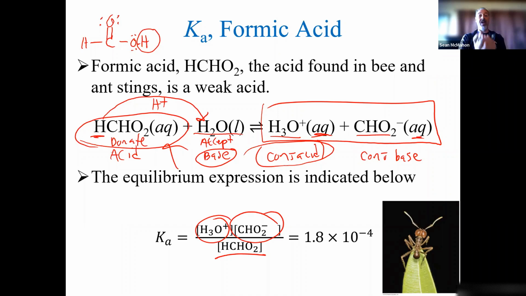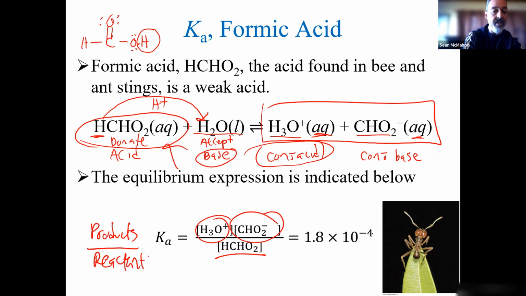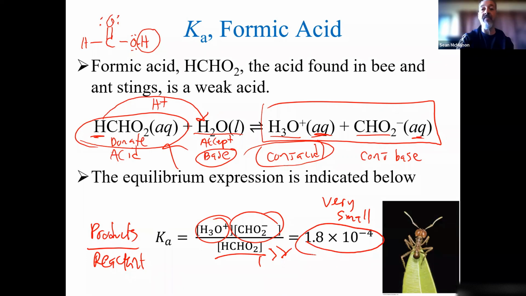But really, the reason why I want to go over this is this equilibrium expression for the acid dissociation, which is products over reactants. If you look at this quotient, what do I notice? It's very small. This number is far less than 1. So what does that mean? I don't have a lot of products produced.